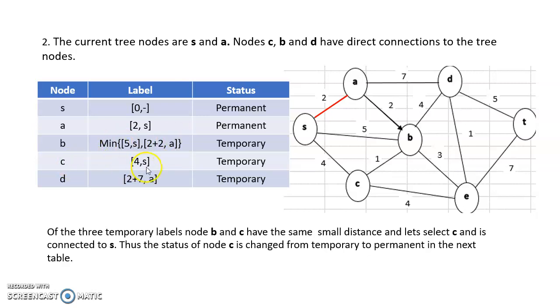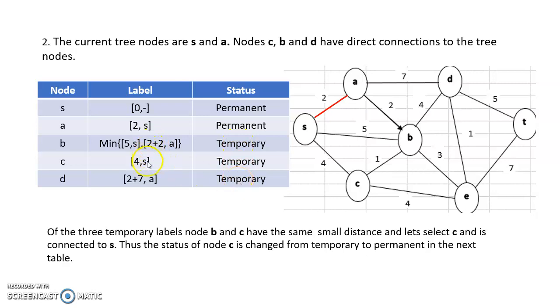C does not have any connections except through S, which was the level before. And for D, it has to be through A only. So 2 plus 7, using A. So we are going to convert one of these three into permanent.